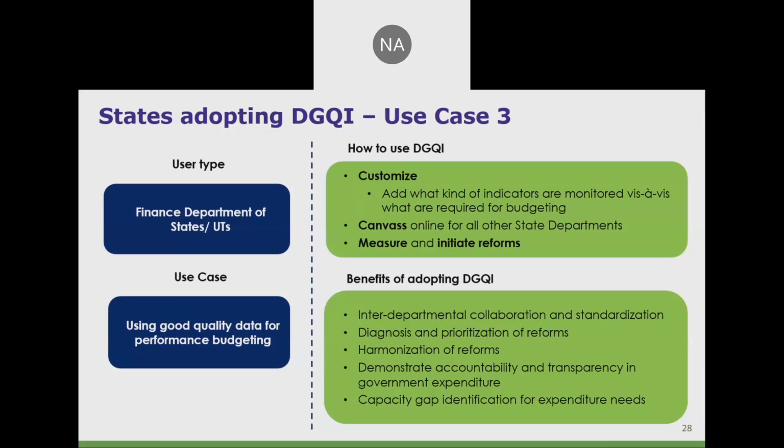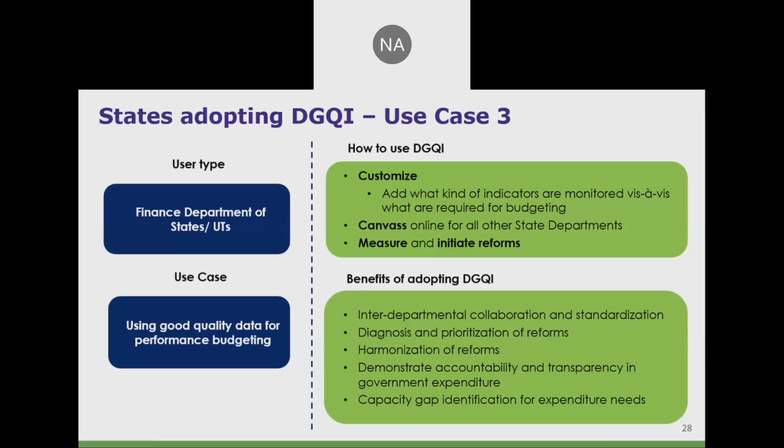The responses can then be sought online once the questionnaire is circulated, to check the quality of the systems, and in case there are fault lines, the reforms can be initiated.